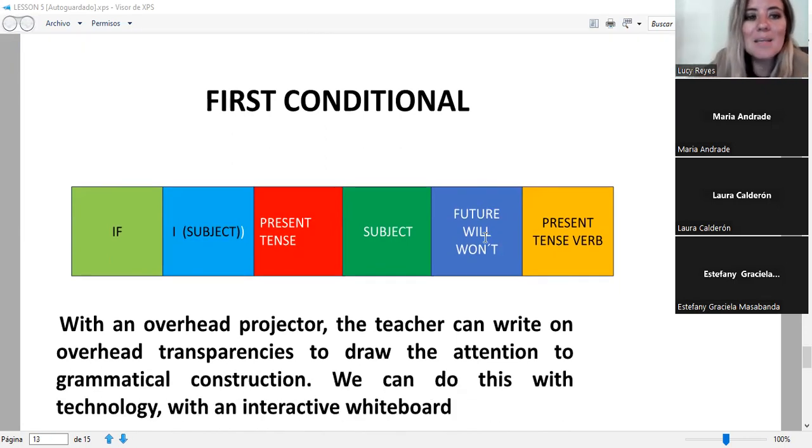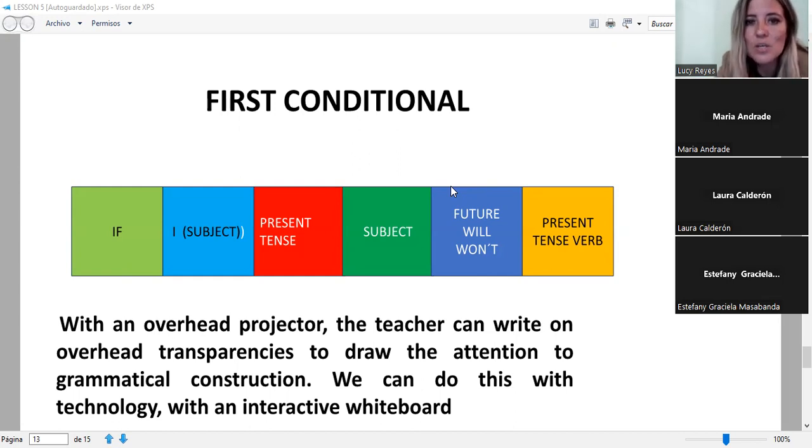Okay, for example, this is the best way that you can teach grammar. The best way, and the best way for beginners too. You can use it with beginners, intermediate, and advanced. That's the best way. But this is very helpful for beginners, right?